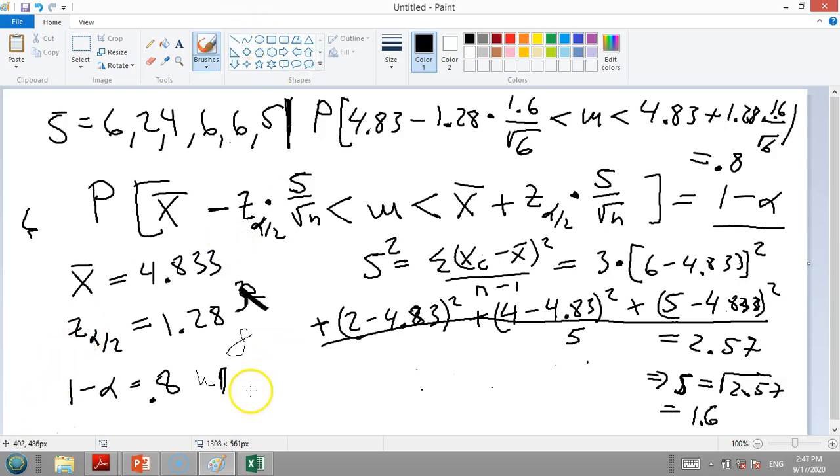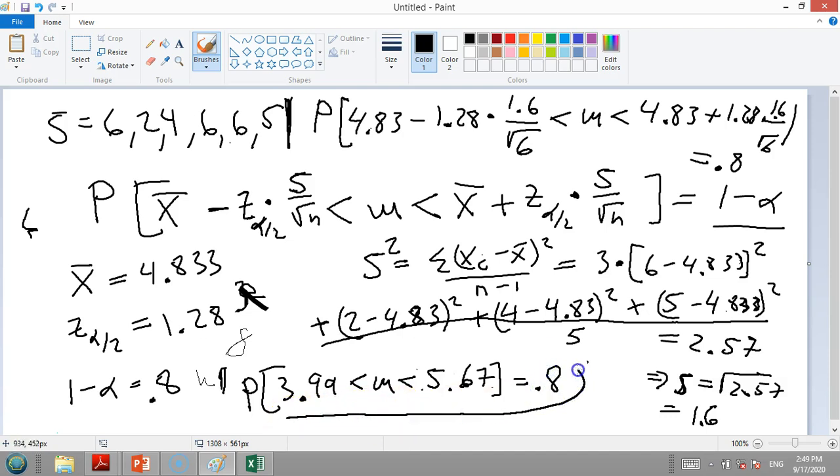The answer that I got was 3.99 and 5.67, and this is equal to 0.8. So this is the right answer here.